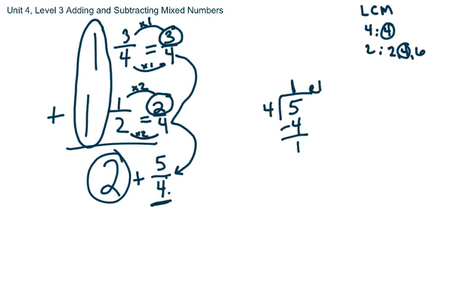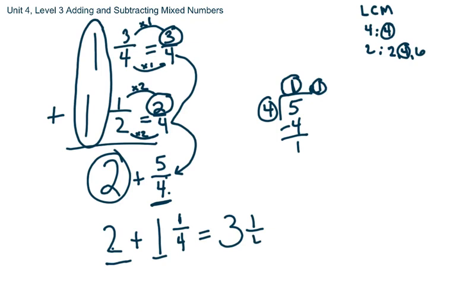Now, if you remember back, this answer, our quotient, becomes our whole number. The remainder becomes our numerator, and we put it back over the same denominator. So 5 fourths is equal to 1 and 1 fourth. When I add the whole number back to it, 2 plus 1 is going to give me 3. 3 and 1 fourth. This is adding mixed numbers.